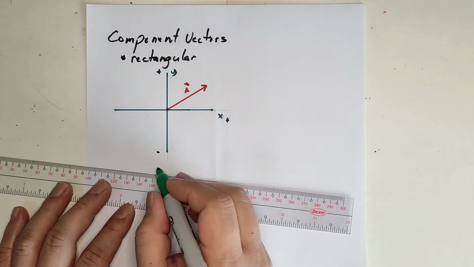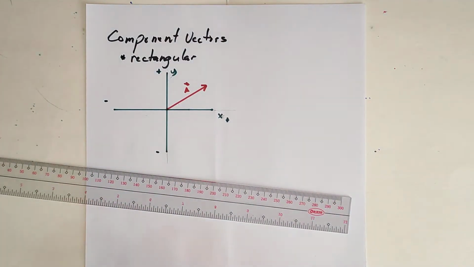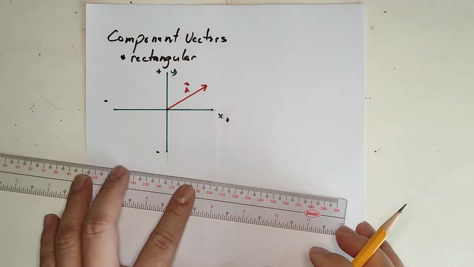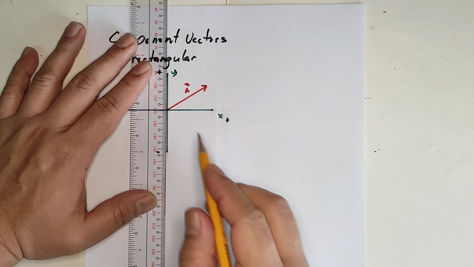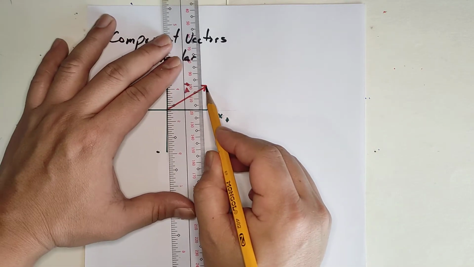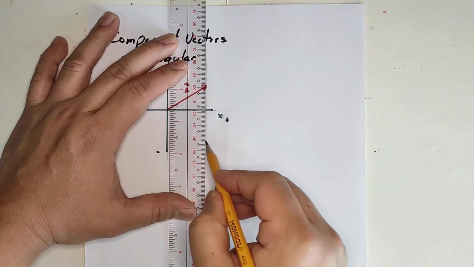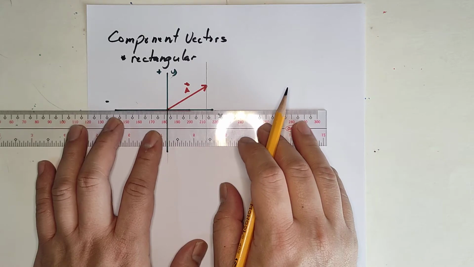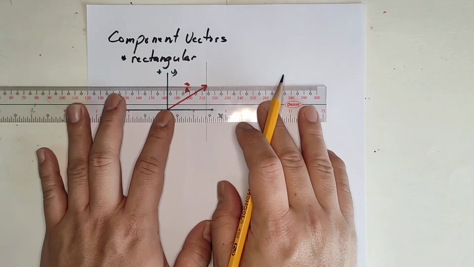Going down, y is negative. Then this is negative. Now, to find the component, all you need to do is to draw a parallel line from y until this point. That is a parallel line. Okay, like that. Then a parallel line from x to that point.